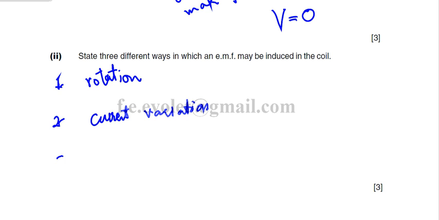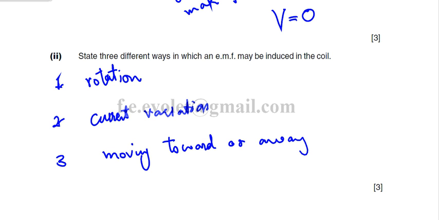And the third thing is that as we move the coil toward or away from the wire, because the magnetic field strength depends on the distance from the wire.